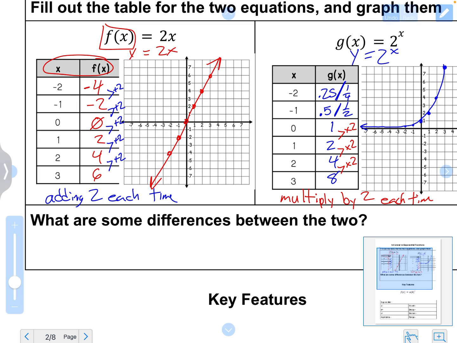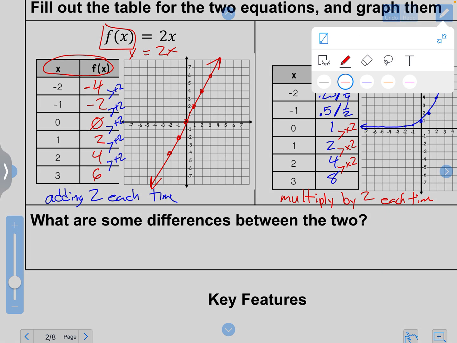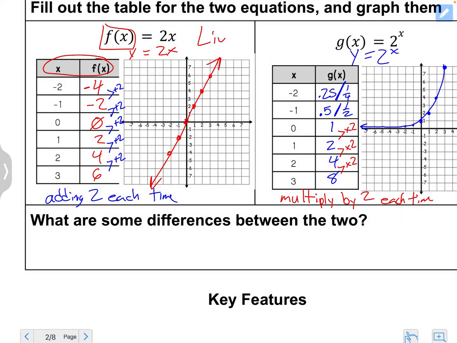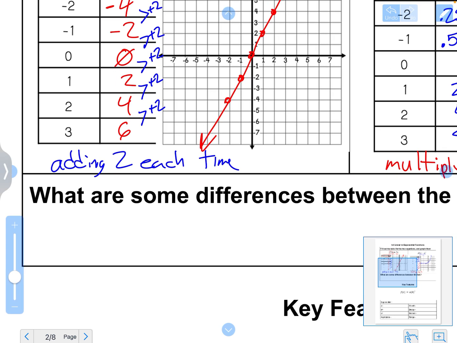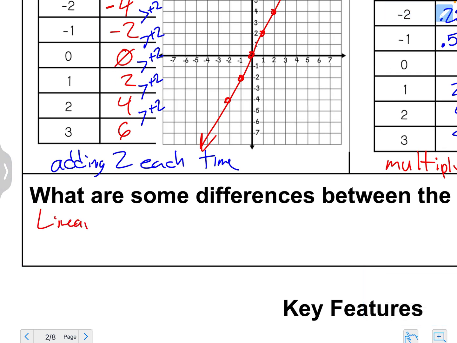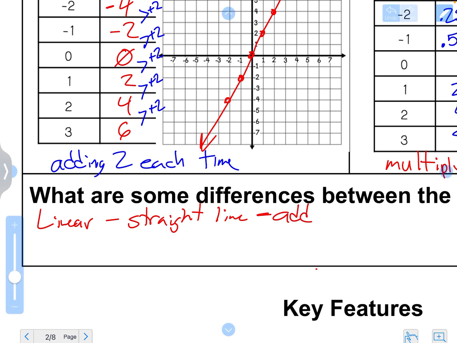So we're going to talk about some of the differences that we see. The first thing is we know that this graph right here is a linear graph. Linear means straight line. And we know it's a straight line because we add or subtract by the same number.